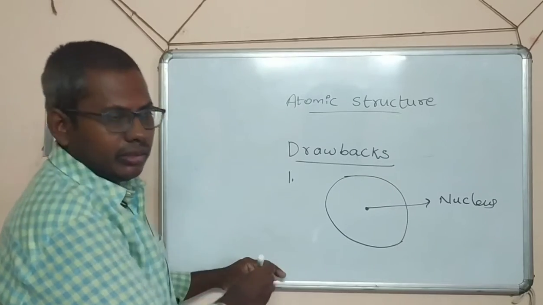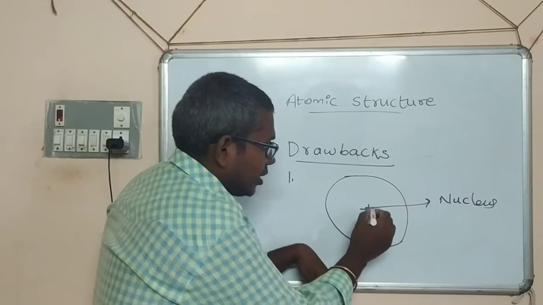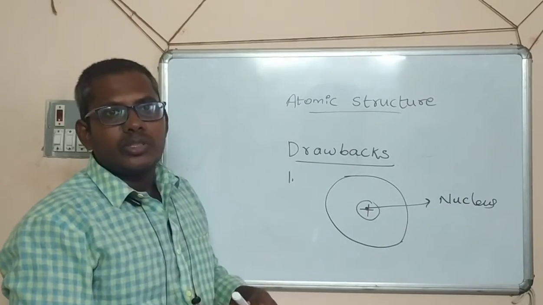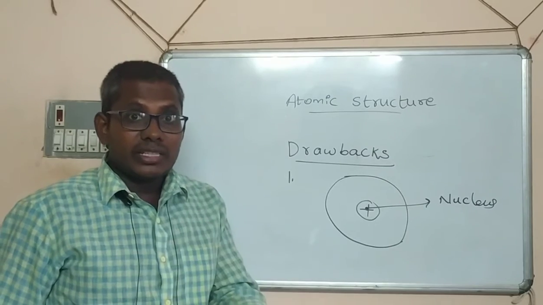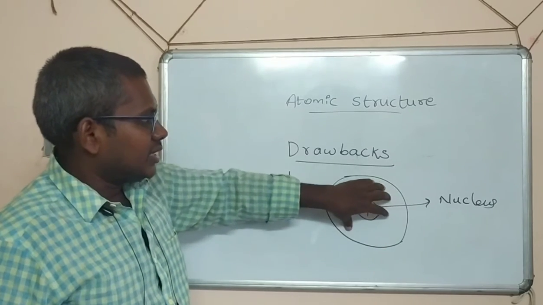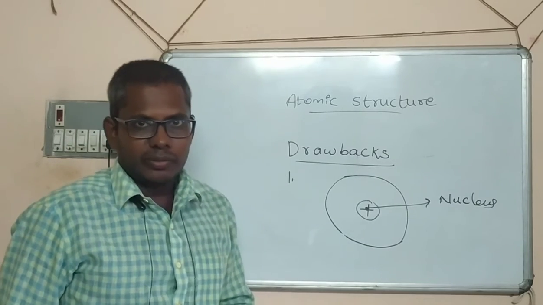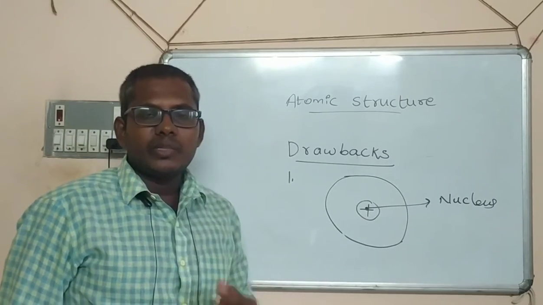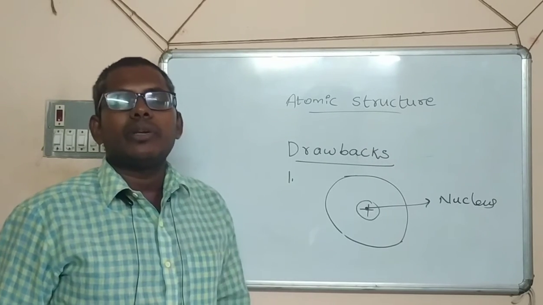According to what I said, the nucleus has positive charge, which lies at the center of the atom. But what J.J. Thomson said is that positive charge is uniformly distributed inside the atom. Is that right? No, that is wrong. The right statement is that positive charge lies at the center of the atom. That could not be explained by J.J. Thomson.